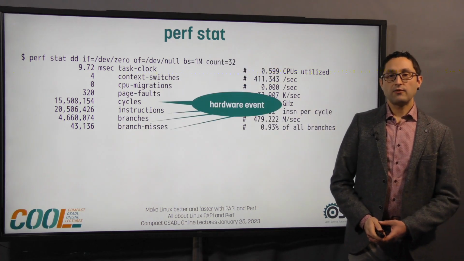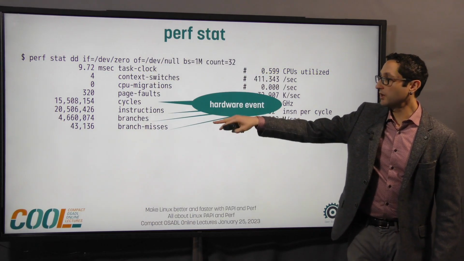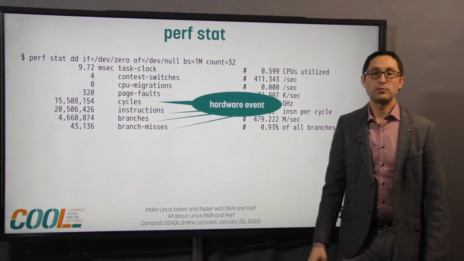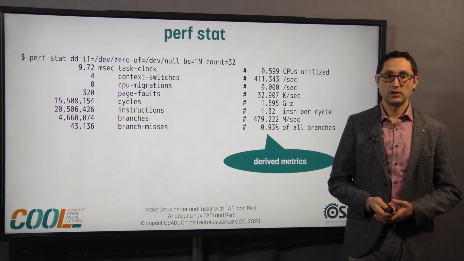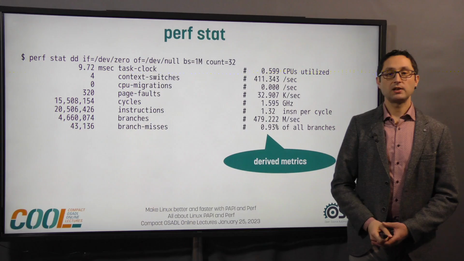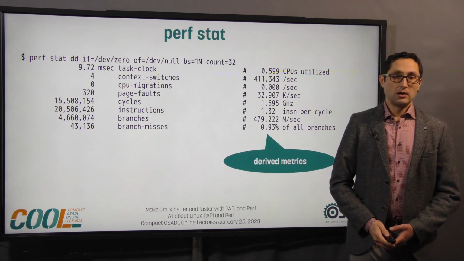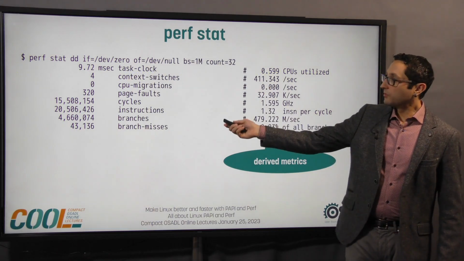Then you have a default set of hardware events like cycles, numbers of instructions, or down here like mispredicted branches. And whenever applicable, perf would also derive a couple of metrics out of these numbers. Well, this is already giving us a lot of information.